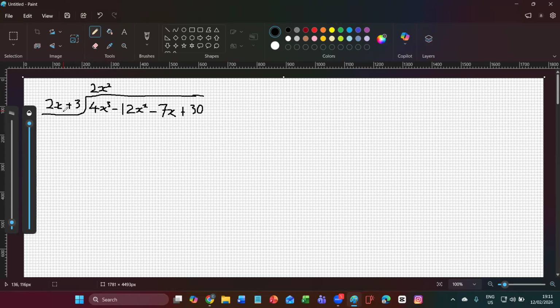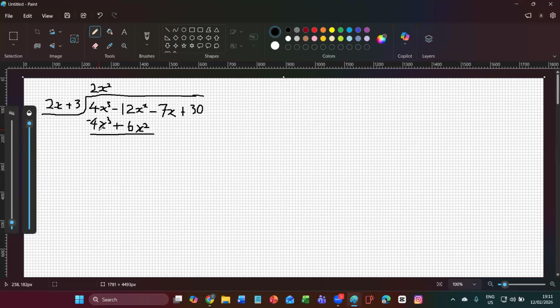Now 2x squared times 2x will give you 4x cubed. And don't forget 2x squared times 3 will give you plus 6x squared, right? Yes, sir. So we now find the difference.